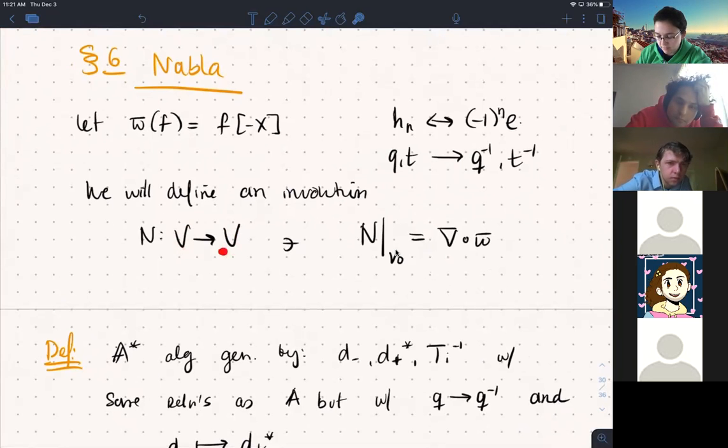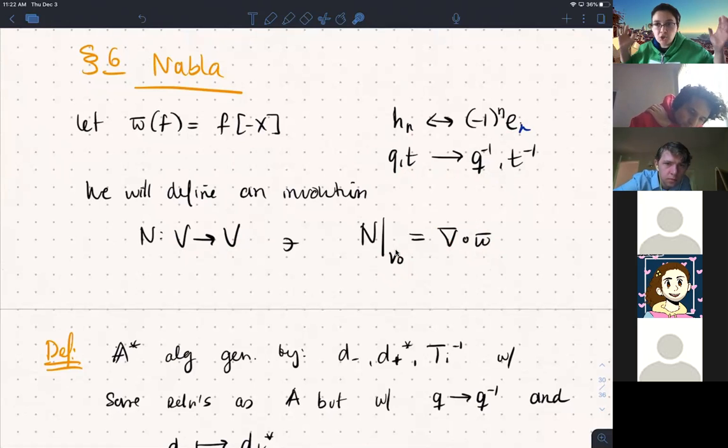And this involution is going to satisfy the property that when it's restricted to symmetric functions, when it's restricted to V0, it's going to act like nabla composed with the involution omega bar, where omega bar is the involution that essentially swaps Hn and En, and swaps Q and T with Q inverse and T inverse, right? So it's a standard involution on symmetric functions up to changing Q's and T's, composed with nabla.